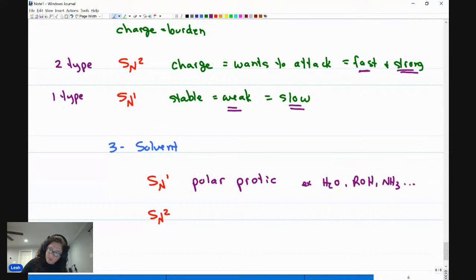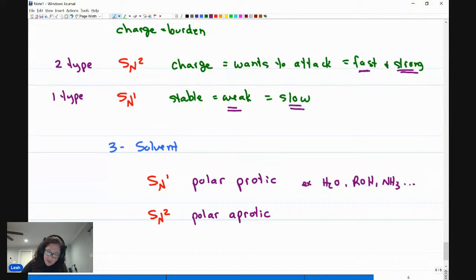Actually, ammonia can sometimes do SN2, so you have to look at the conditions. For an SN2 reaction, we have a polar aprotic solvent, and that's what we just looked at on the previous page. An aprotic solvent does not have that protic proton. So DMSO, DMF, acetonitrile, all of that.